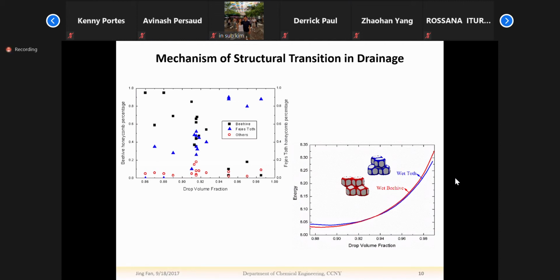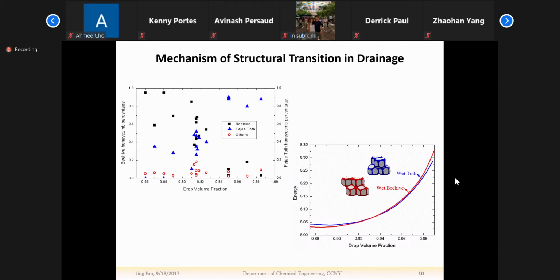Surface energy is proportional to surface area, so it's the surface area multiplied by interfacial tension. There is so much surface in this system. So we calculate the surface area of these two structures to see which one has a lower energy, which should be the preferred structure that we can get.